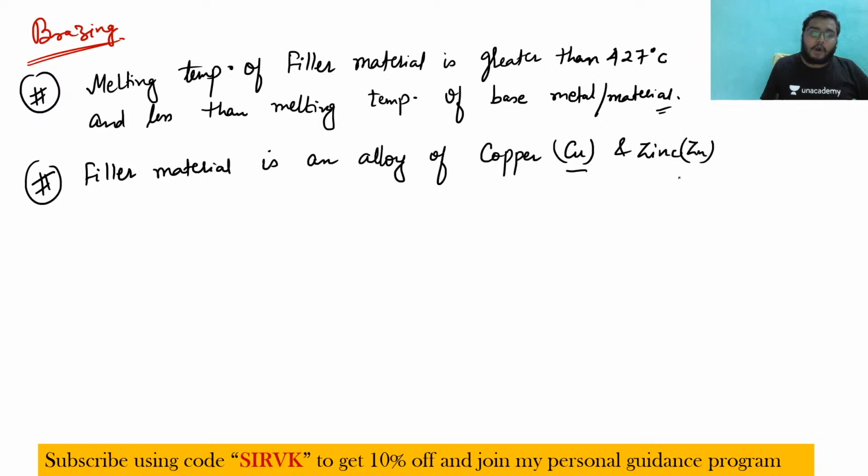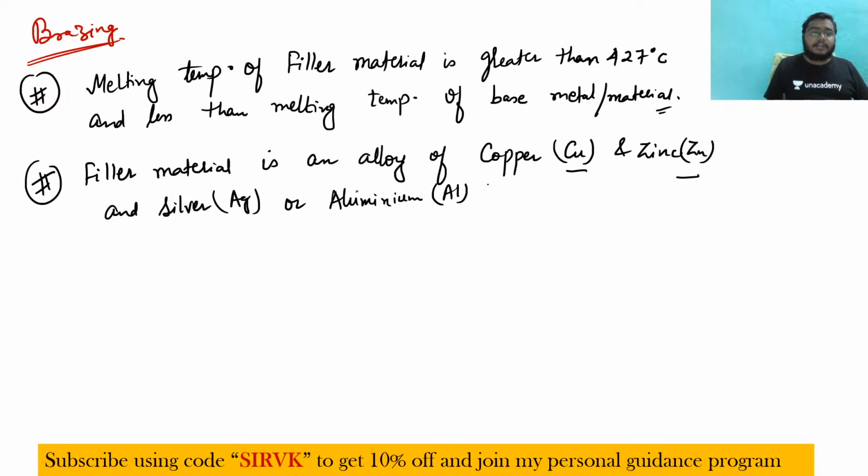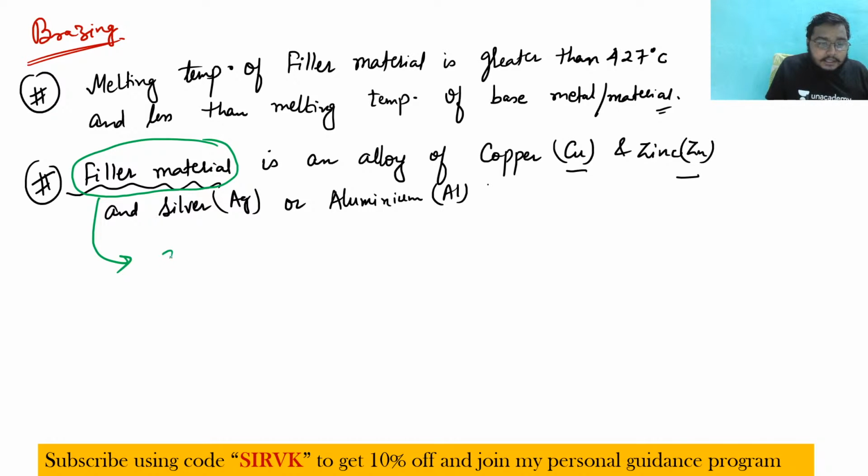It can be an alloy of copper, zinc and silver, that is Ag, or you can also use aluminum, that is Al, as a filler material. Now this filler material is known by a name. Its name is spelter.